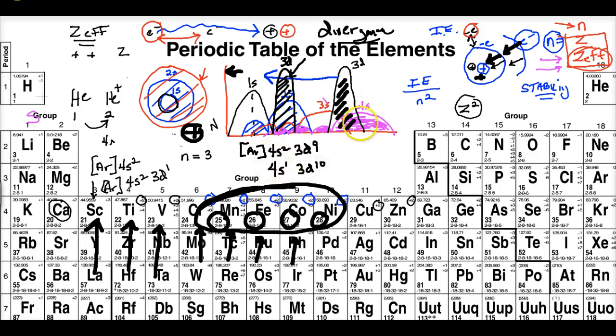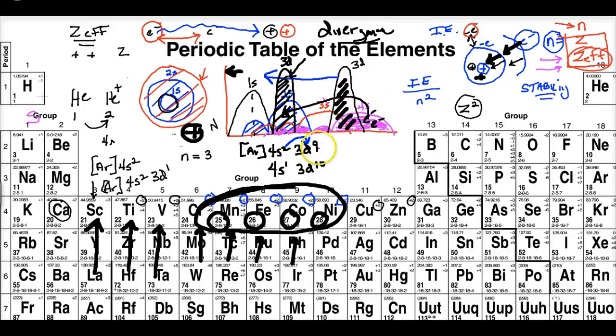Well, it was in the s, but when the d moves in closer because of more electrons attracted to the positive nucleus, if there's 9 here, don't electrons want to go to a lower energy orbital first by the Aufbau principle? Yes. So one of the electrons will jump to the d because now the d is lower in energy.